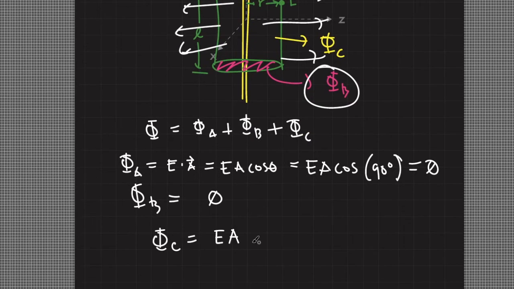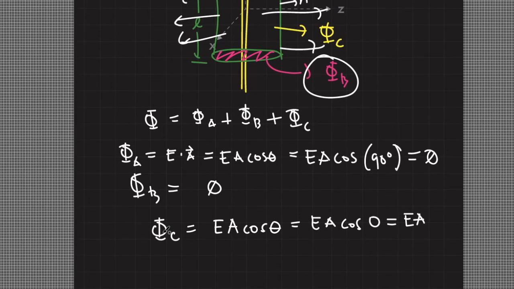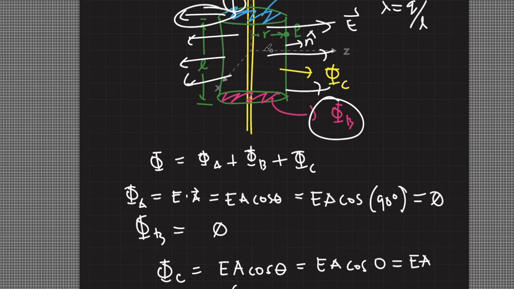Next, for the curved side of the cylindrical Gaussian surface, we have electric field times its area, then cosine theta. Notice that from this figure, the area vector on the curved side is parallel with the electric field lines radiating from the thin wire. So this is equal to EA cosine 0, which is just E times A. So the flux is equal to the electric field of the thin wire times the area of this curved side of the cylindrical Gaussian surface.